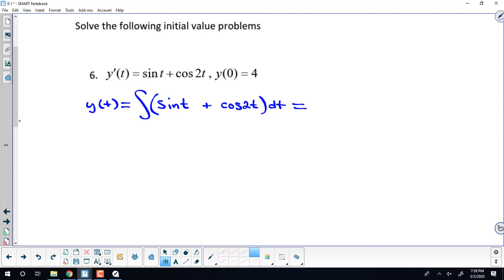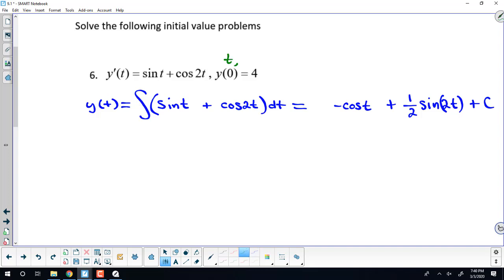Antiderivative of sine is what? Negative cosine t. Antiderivative of cosine 2t is one half sine 2t. And we have our constant here. So that is y of t.